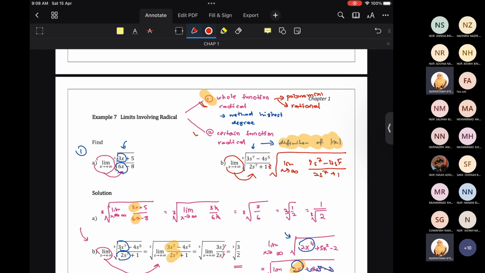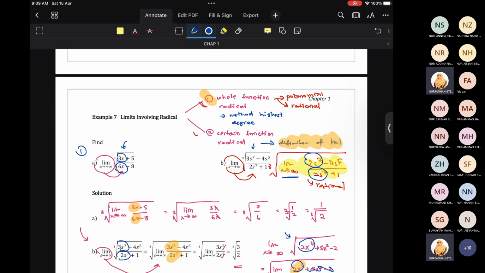Bila dah masukkan dekat dalam, dia akan jadi case rational. So awak solvekan rational dahulu, that means you are going to take the highest degree sahaja, and then apply the limit. Itu untuk the whole function ada radical.